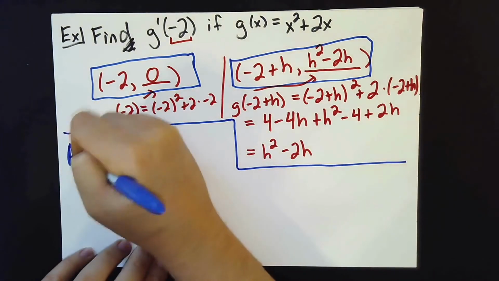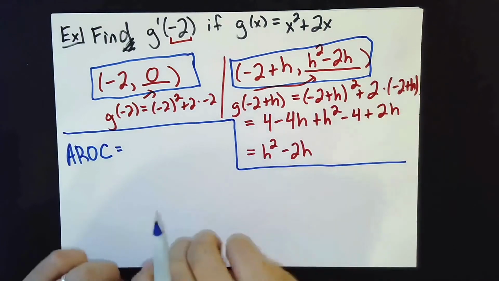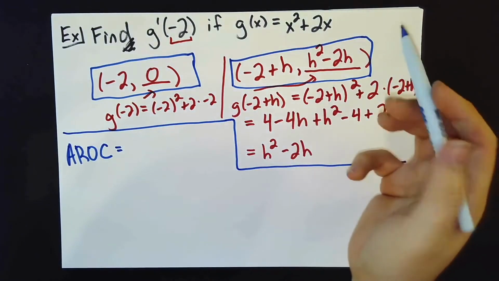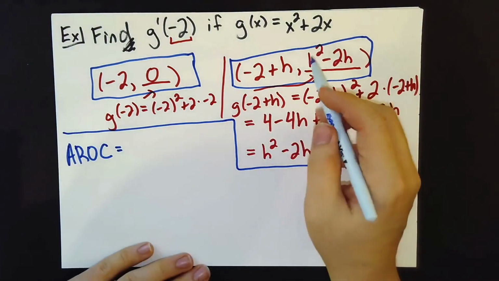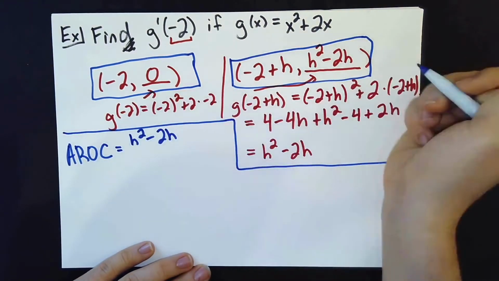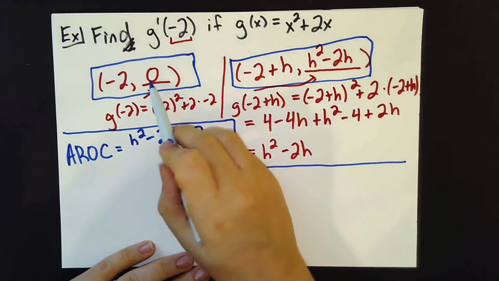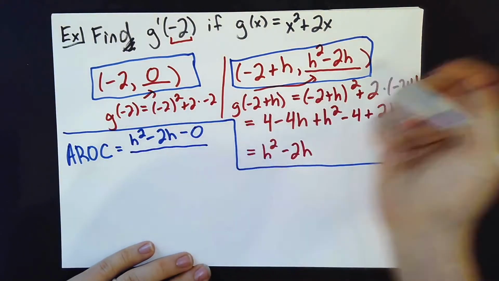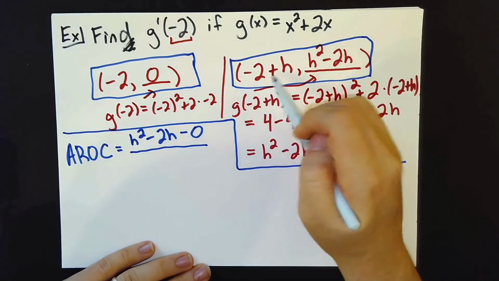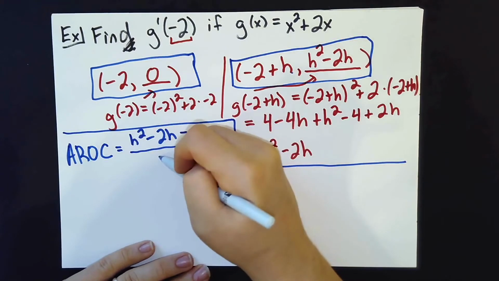So my average rate of change, which is also just the slope between these 2 points, so if you would rather just say slope, you can do that too, is h squared minus 2h minus 0 divided by minus 2 plus h minus minus 2, which is just going to be h.